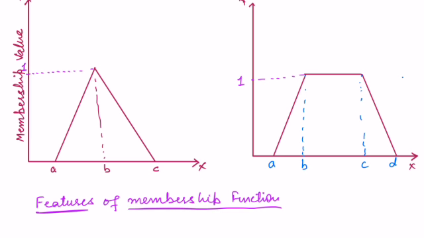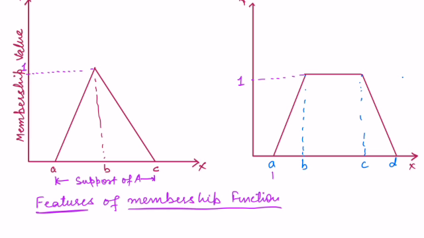You can see the membership grade from A till C, where A and C are not included, is the support of A.